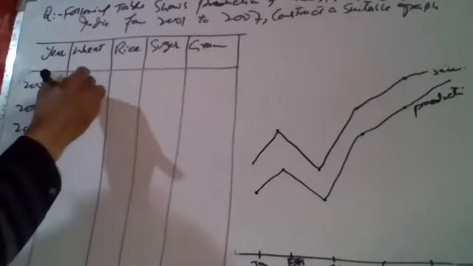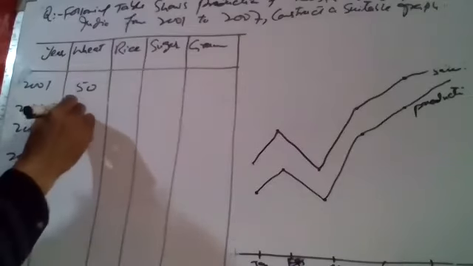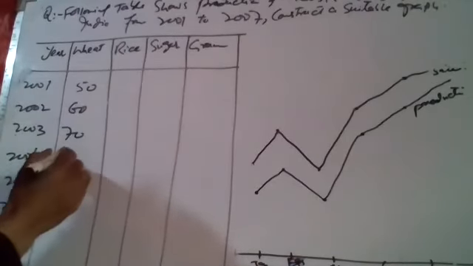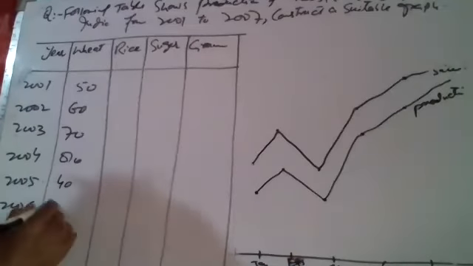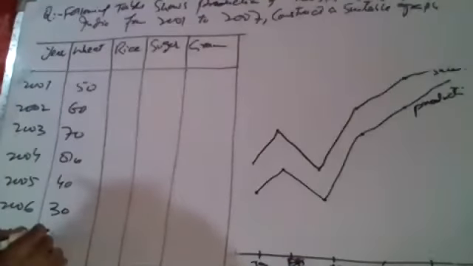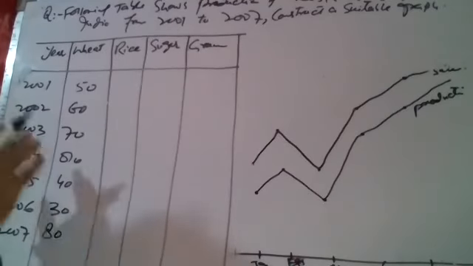For wheat, for example, we have 50, we have 60, we have 70, it is 80, it is 40. Sometimes it increases, sometimes it decreases, it is again 80.